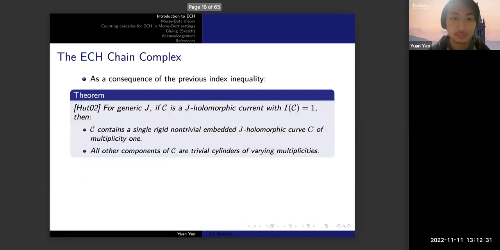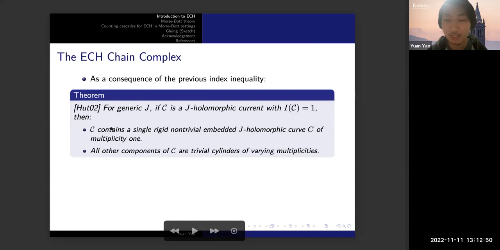Okay. So as a consequence of that index inequality, you can use the ECH index to pick out certain J-holomorphic currents with I equals 1. It's a theorem originally due to Michael Hutchings that if you have an ECH current of ECH index 1, then the current must consist of only a single rigid non-trivial embedded J-holomorphic curve of multiplicity 1 and Fredholm index 1.